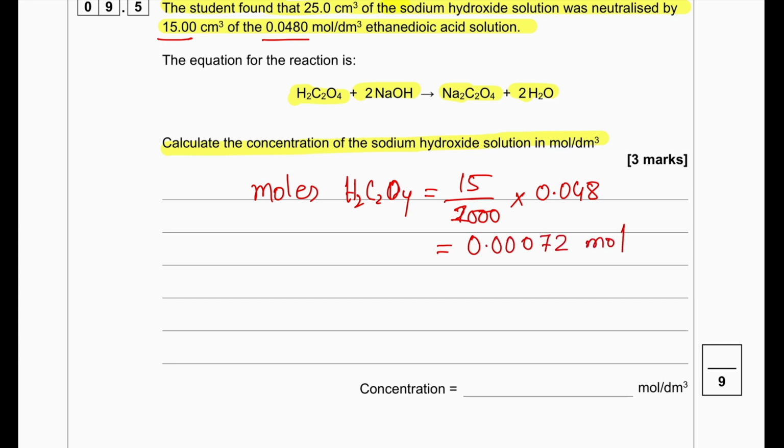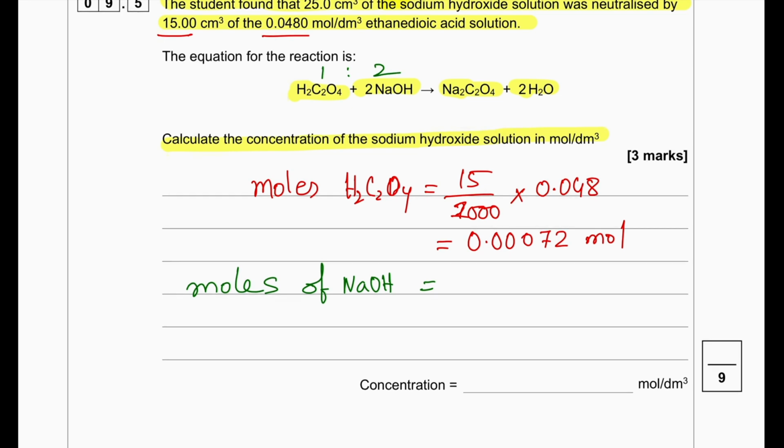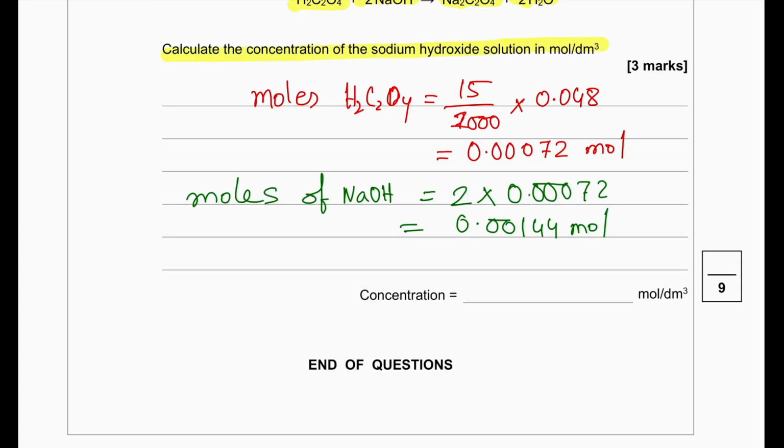When we do this multiplication, our answer comes to 0.00072 moles. Then we are going to find out the moles of NaOH. Since we have a 1:2 ratio, moles of NaOH will be 2 multiplied by 0.00072. Now we need the concentration of NaOH. Concentration is number of moles divided by volume.